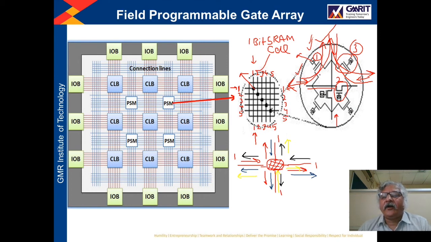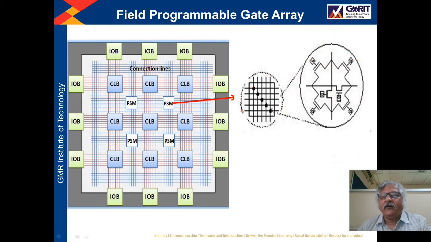So in this way you can find here 1, 2, 3, 4, 5 and 6. Total 6 MOSFETs are there, right, at one junction. Okay, at one junction there are 6 MOSFETs which are used for the routing purpose.